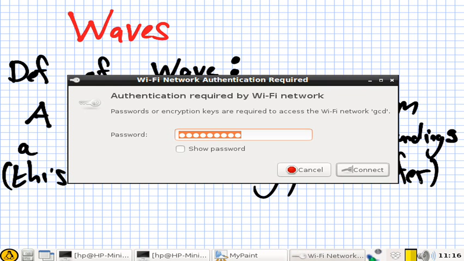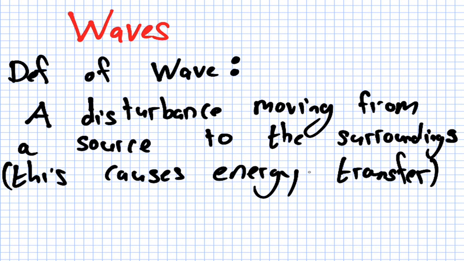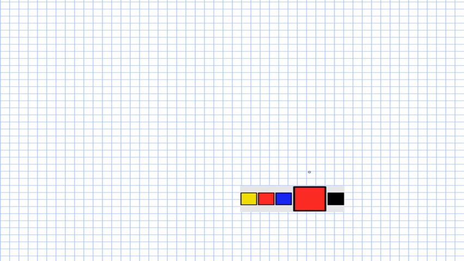So firstly, what a disturbance means, the other way I think about it, is vibrations. So disturbance means vibrations. So a wave is a disturbance moving out from a source into the surroundings. And this causes energy to transfer. So if you think about it, here we have energy. What type of energy is this shaking? Kinetic, isn't it?